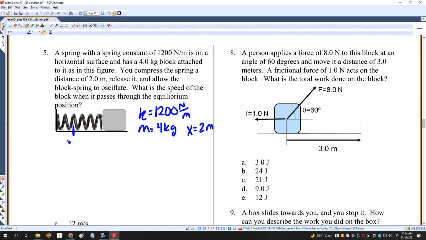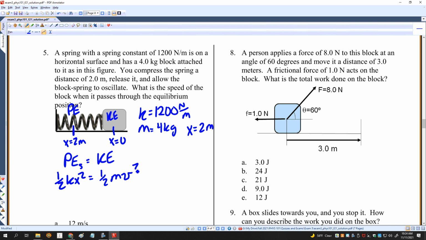So over here is x equals 2 meters, and over here is x equals 0. At this point, it only has kinetic energy. At this point, when it's fully compressed, it only has elastic potential energy. So I would say that the potential energy is equal to the kinetic energy. That is 1/2 kx squared equals 1/2 mv squared.